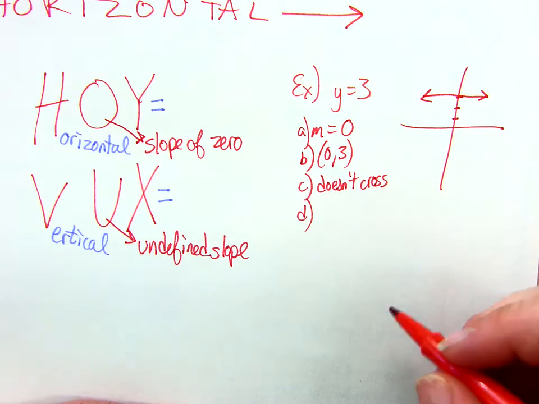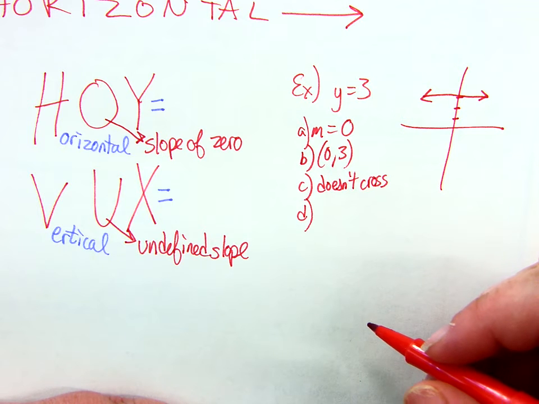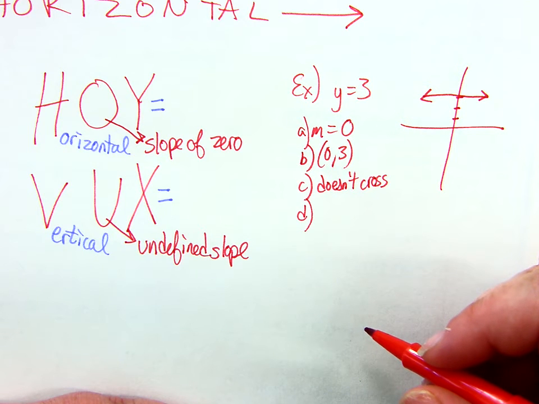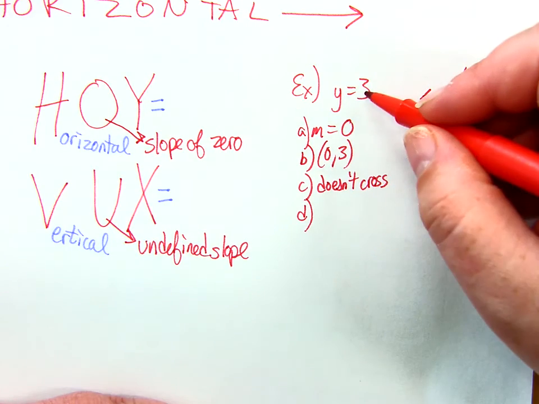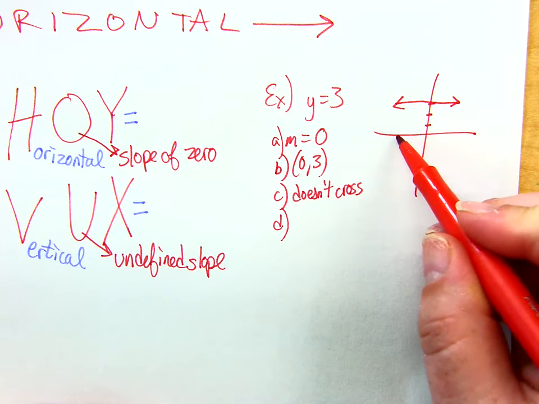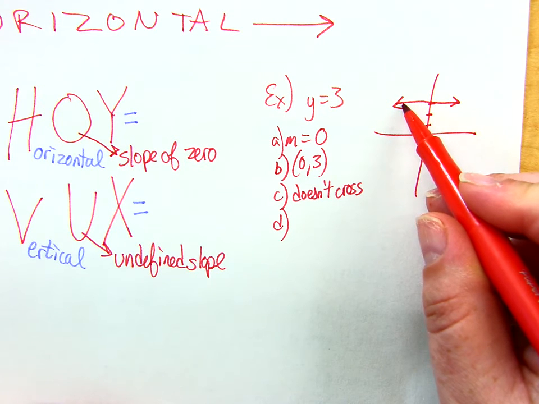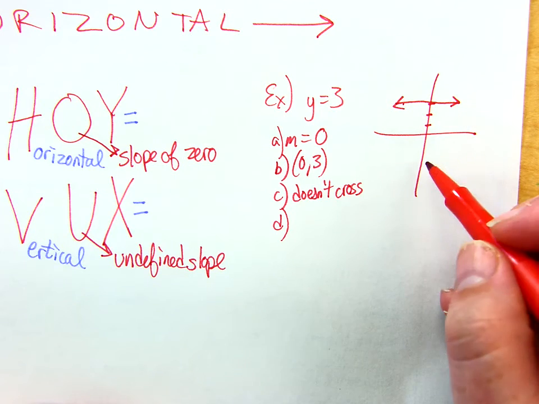And then for part D, any other point on this line, you get to pick anything you want for x. It doesn't matter. Y will always be 3. Always. Look at how this works. If you had picked negative 17, it's still going to be a y value of 3. If you pick positive 2, you still get a y value of 3.